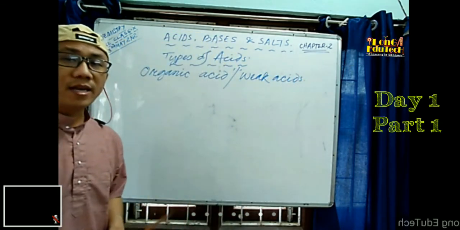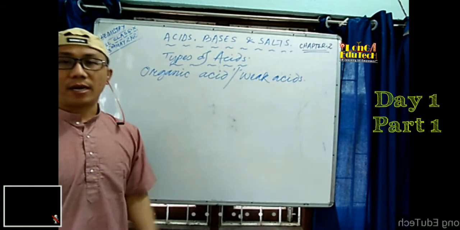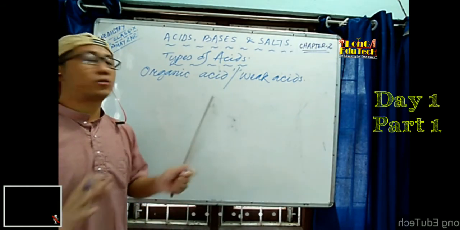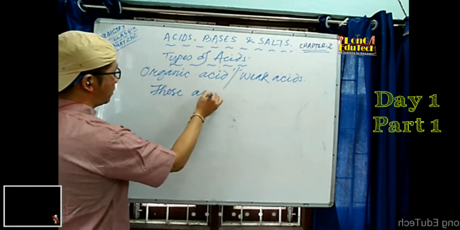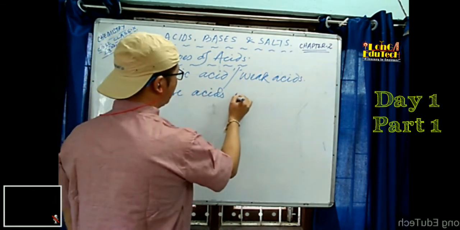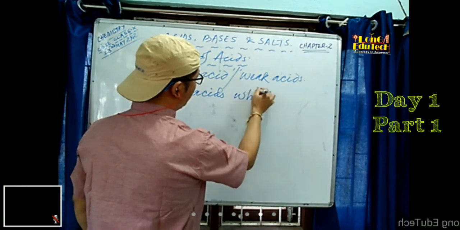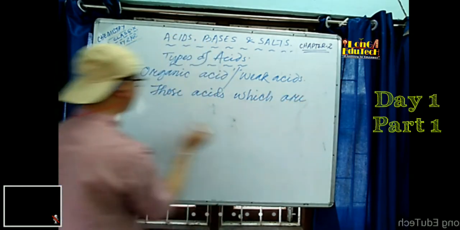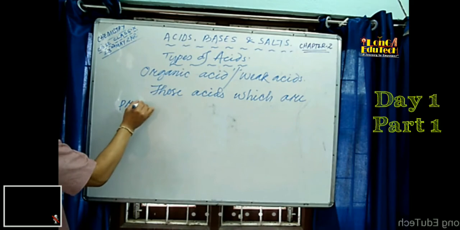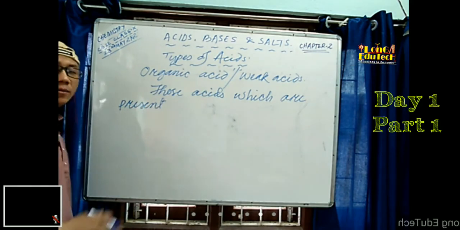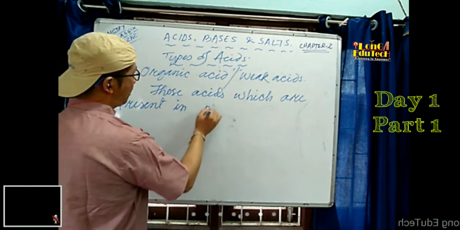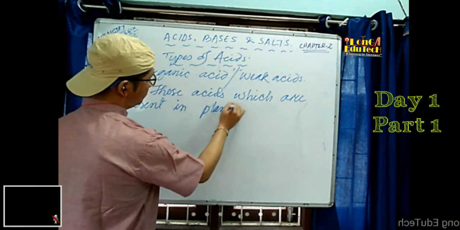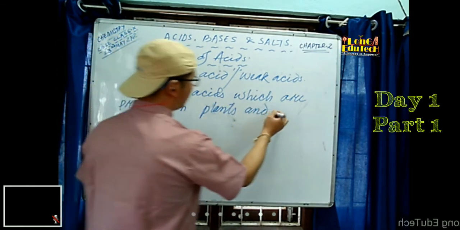Just keep in mind that organic acids are generally weak, and the mineral or inorganic acids are strong. Here, those acids which are present, or obtained, in plants and animals.